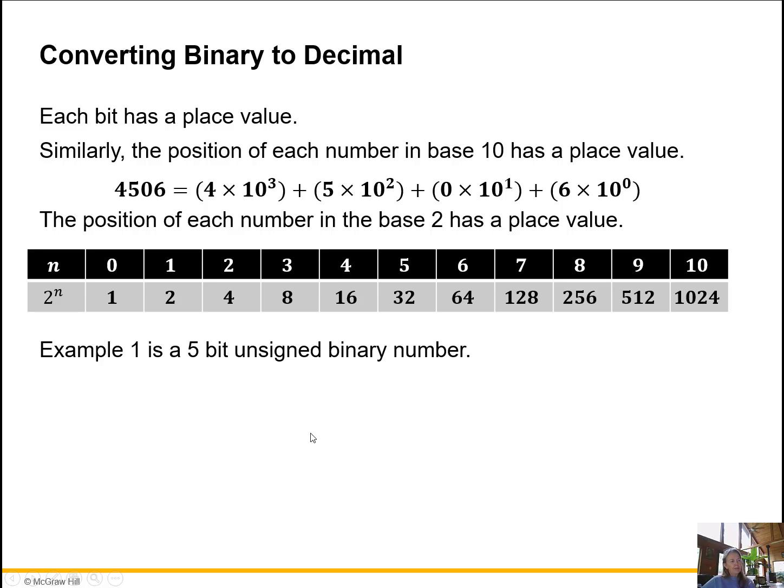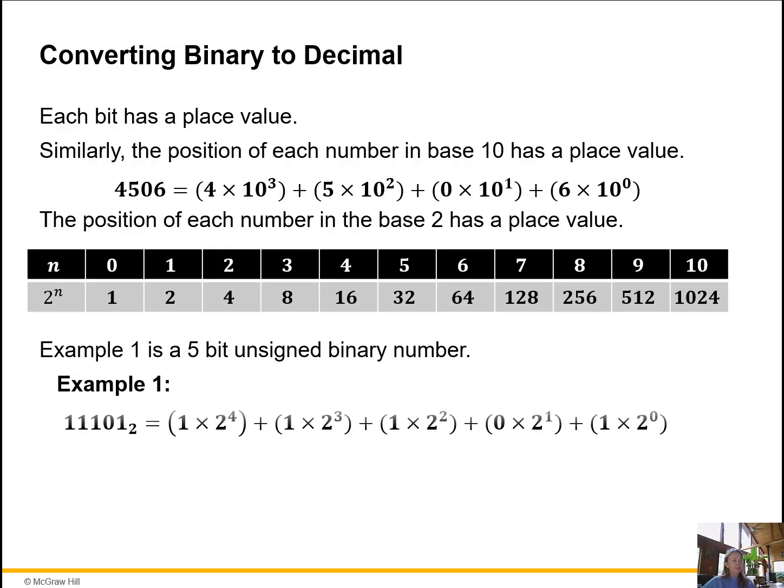So let's look at example 1. And it's a 5-bit unsigned binary number. Here we go. Let's count my bits. Yeah, I have 5 bits. I usually start at this 0 position, so I usually start a little backwards. So I have 1 in this 2 to the 0 position. I have nothing in the 2 to the first position. I have a 1 in the 2 to the second. I have a 1 in the 2 to the third. And then I have a 1 in the 2 to the fourth position.